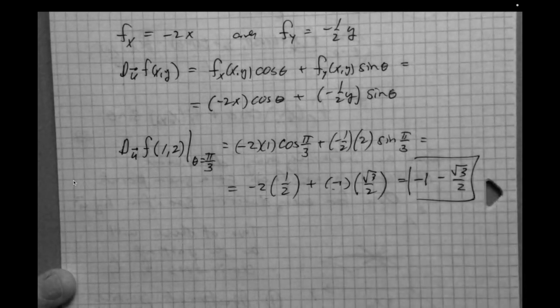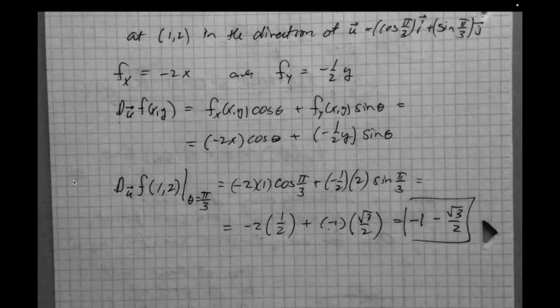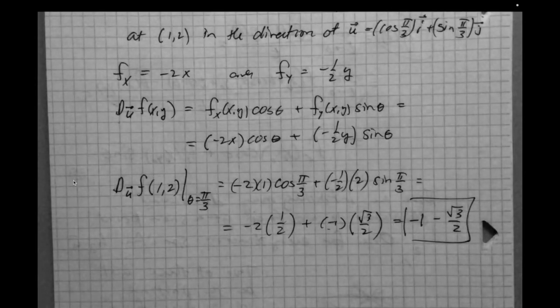Of course, you could approximate that with a decimal number if you like, but this is good too. Okay, so that is the slope in the direction of u, in this case. u makes angle pi over 3 with the positive x-axis, and so this is the slope of the surface in that direction at the point (1, 2).